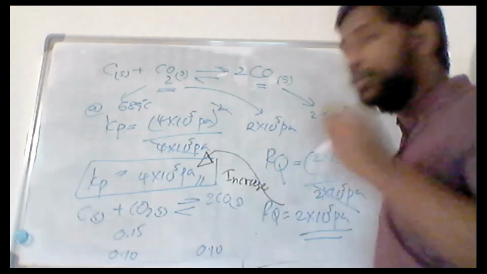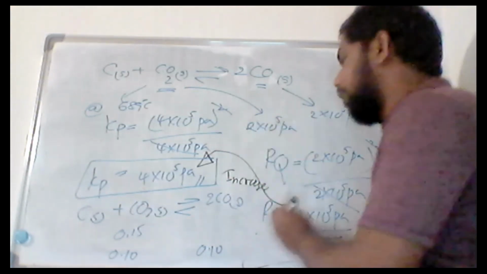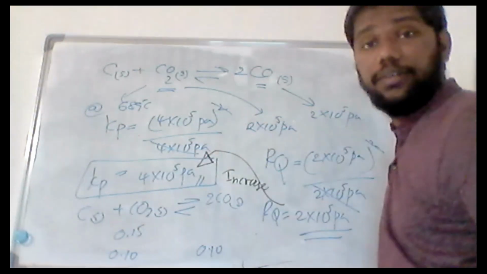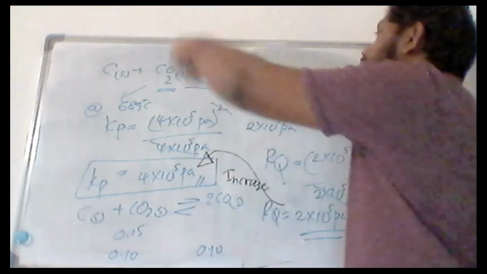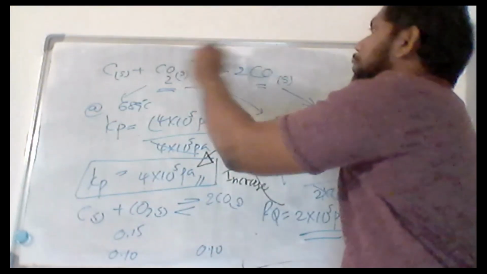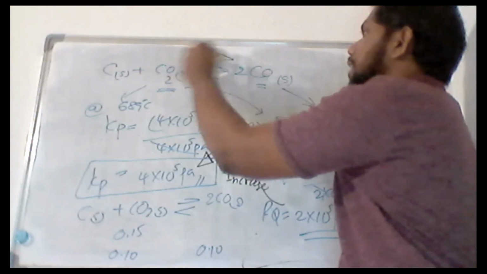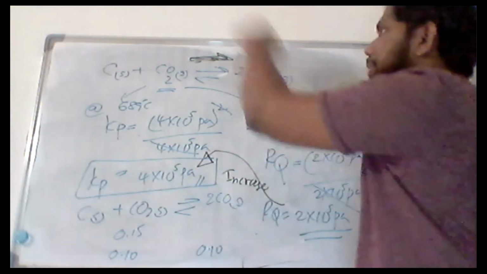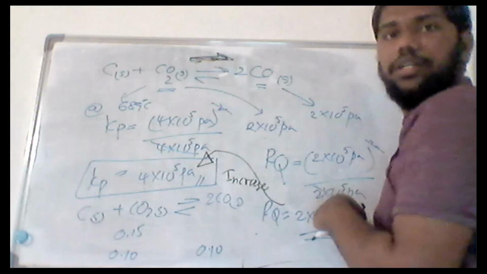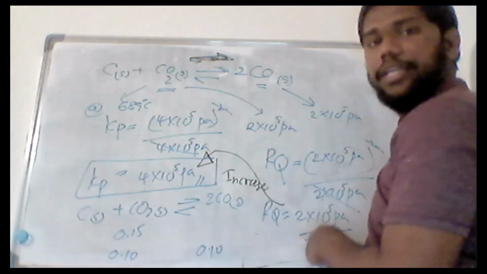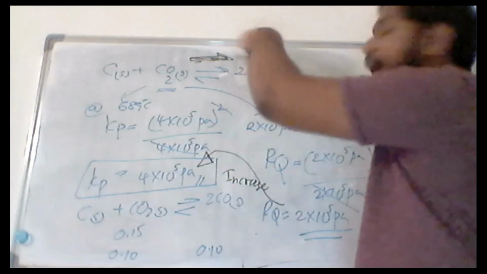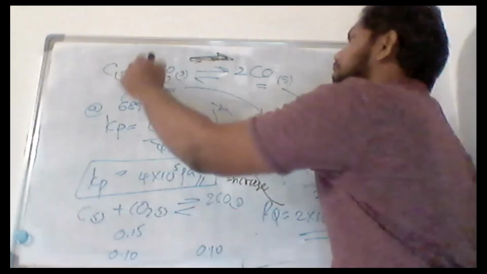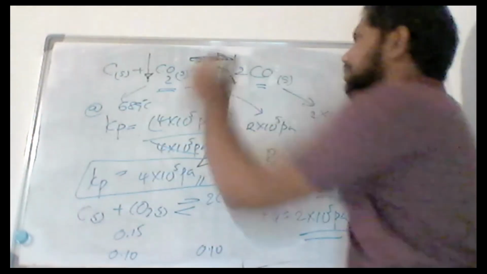To reach equilibrium, my RQ value should increase from 2 into 10 to the power 5 to 4 into 10 to the power 5, which gives the idea in this equation, the equilibrium should shift towards the right hand side. Why? Because my Kp expression is this pressure squared over this. So in order to increase this factor from 2 to 4, this side should have a higher value and this side should have a lower value. Therefore, the partial pressure of CO2 is decreasing, the partial pressure of CO is increasing.